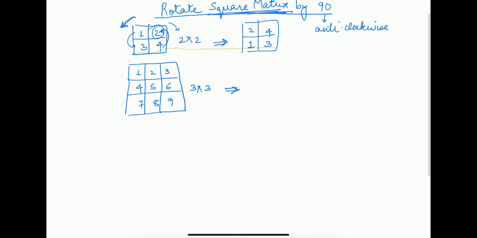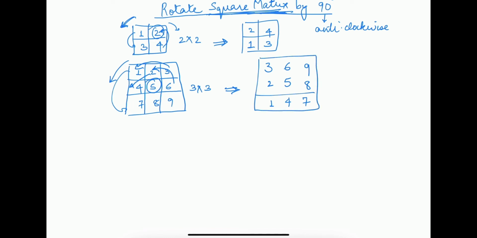When I am rotating it 90 degrees anti-clockwise, 1 will come here, then 4 will go here, then 7 will come here. Similarly, 8 will come here and 9 will go here. Then 3 will move to the position of 1, and 6 will move to the position of 2. And then the remaining one is 2. So 2 will come here and 5 will still be at its own position. This is how the rotation of a 3 by 3 matrix anti-clockwise by 90 degrees will look.